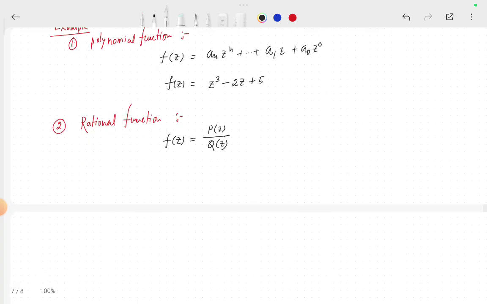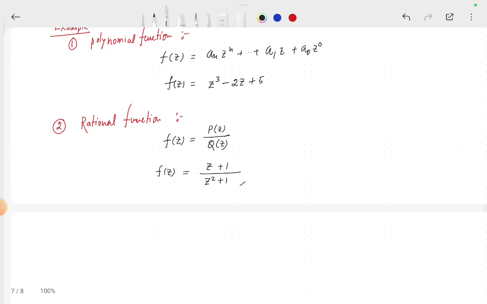For example, f of z is equal to, let's say, z plus 1 upon z square plus 1. So this is one kind of example of a rational function. For each z value, here also we get a single unique value. This rational function is defined everywhere except where the denominator is 0.